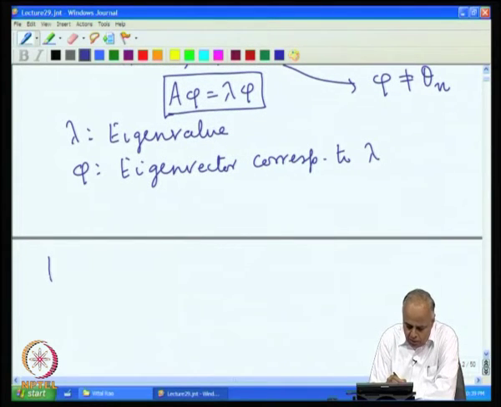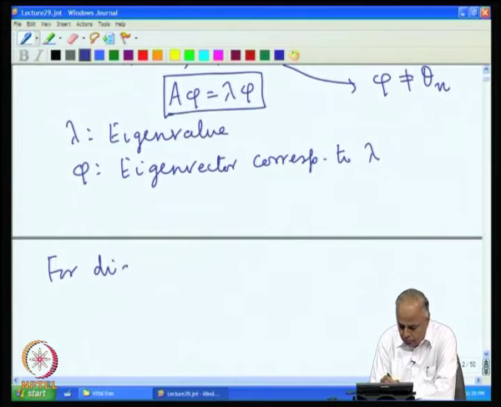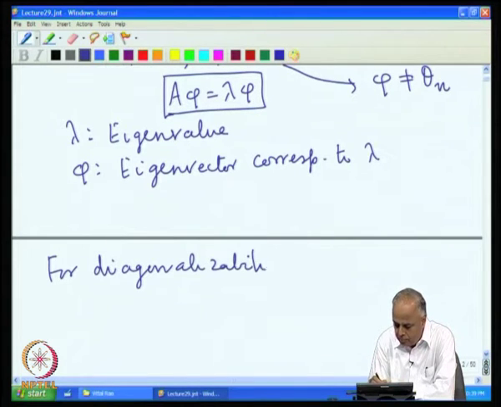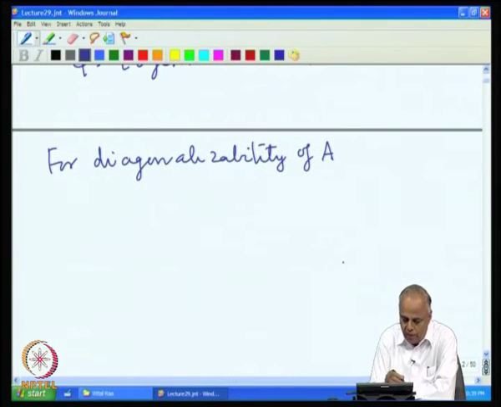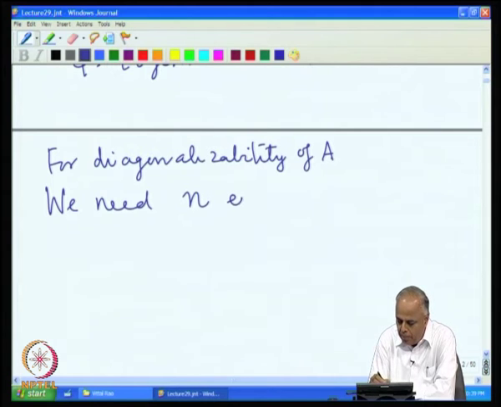For diagonalizability of A, what we found was that we need n eigenpairs.